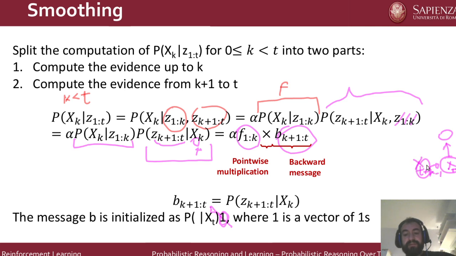It could have been this state. And in this, we also take into account who could have been generating this other observation. And we perform this reasoning backward in time until we reach the state that we're interested in.